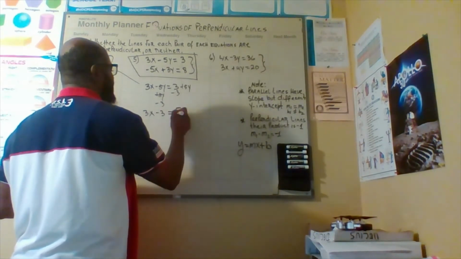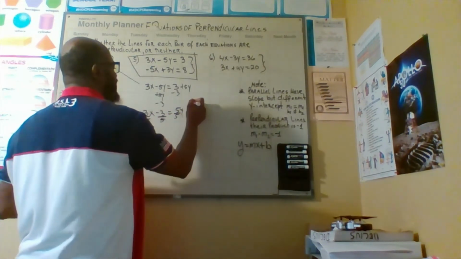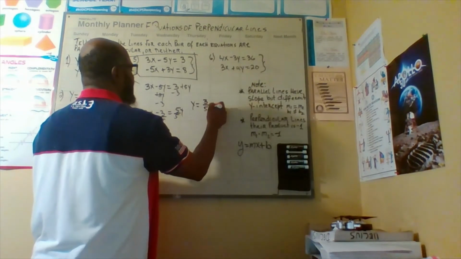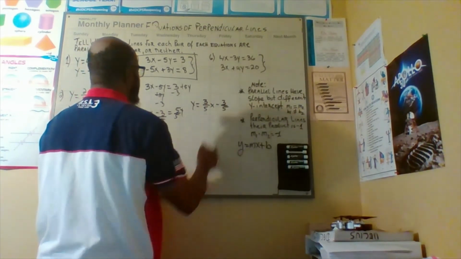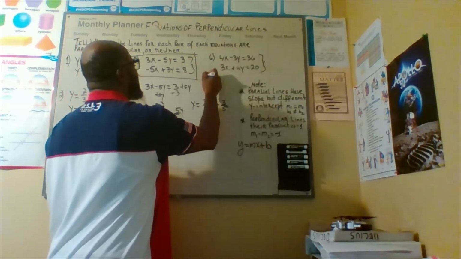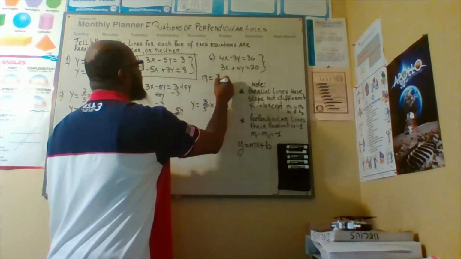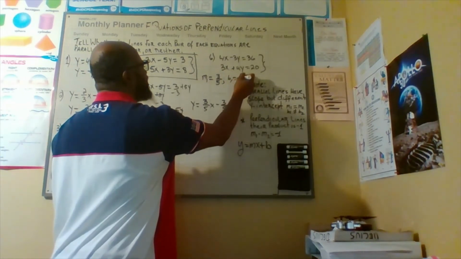Then divide by 5, and I will have y equal 3/5 x minus 3/5.